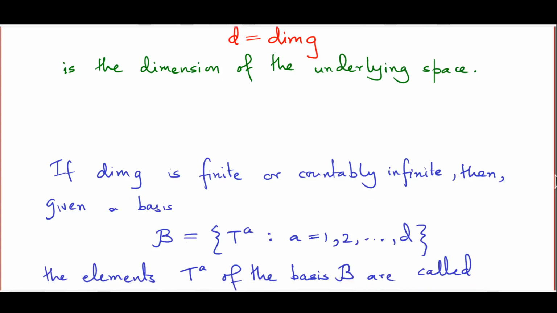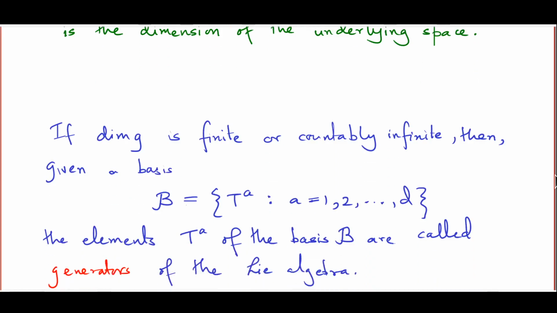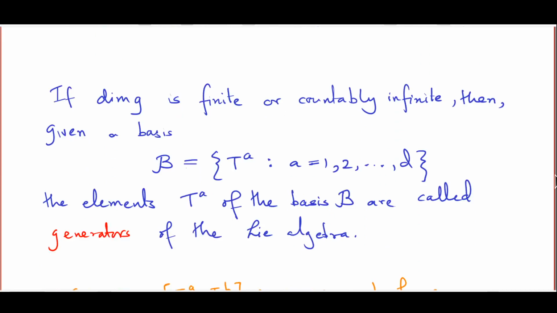Now, the elements Ta of the basis B are called generators of the Lie algebra, and they are going to play a very important role in our study of the structure of Lie algebras. So, the generators of a Lie algebra are nothing but a set of basis vectors for the underlying vector space.